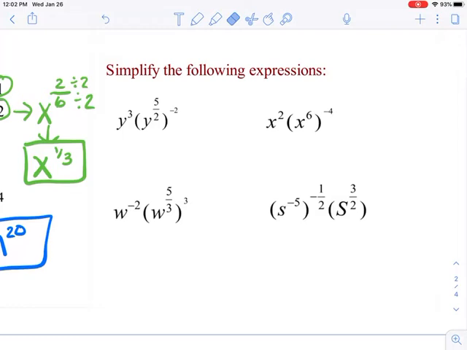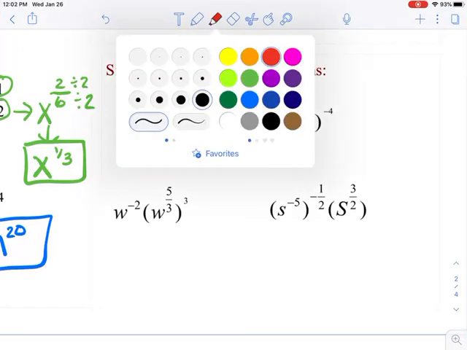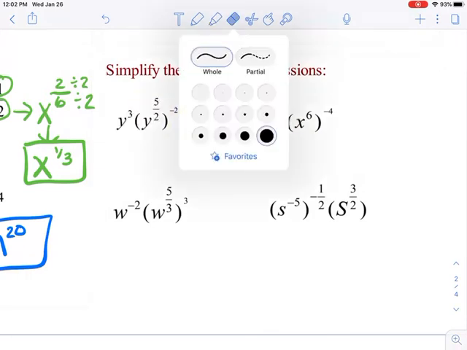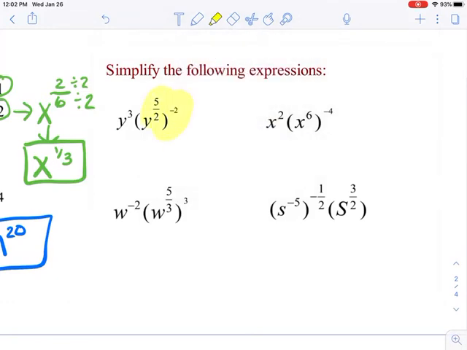So that's PEMDAS. Again, we got to deal with the power to power stuff first, the stuff that we dealt with today. So in this first problem, I have to deal with this part, the power to power.